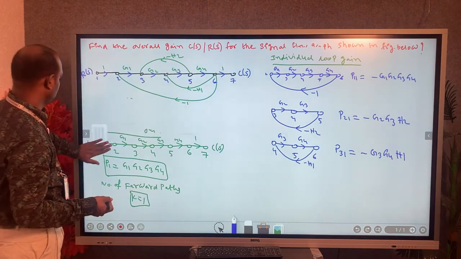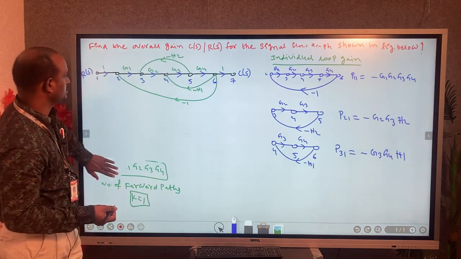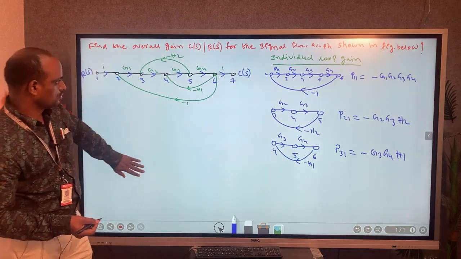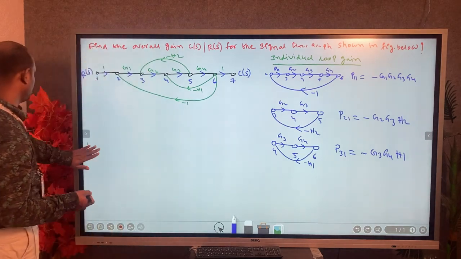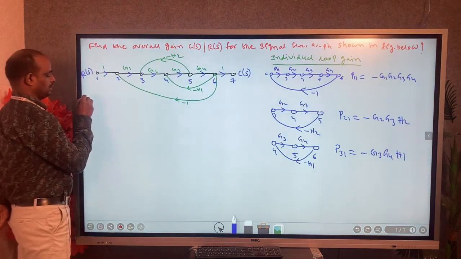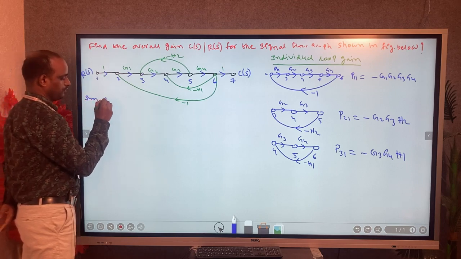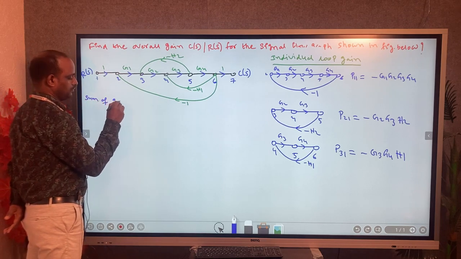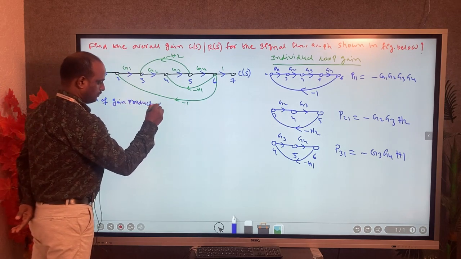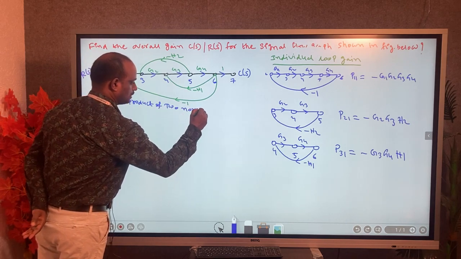So we remember only one forward path is there, whose gain is G1 G2 G3 G4. So now find the sum of gain products of 2 non-touching loops.